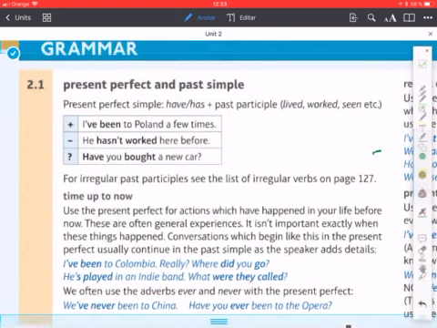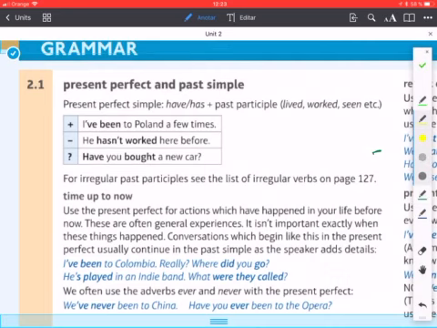Also remember, like they say here, remember that there are irregular past participles. You have them on page 127. Okay, and it's important to remember because, yes, most of the past participles are formed with the ed. But look at this one.